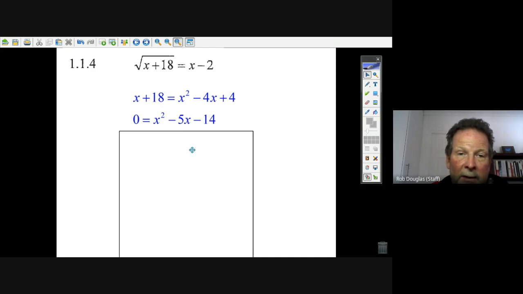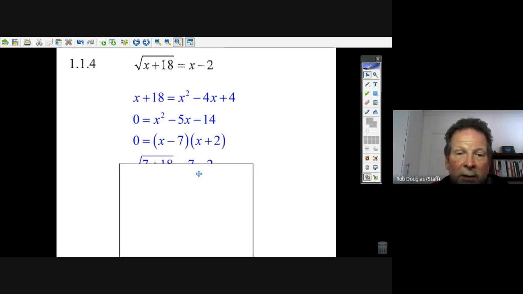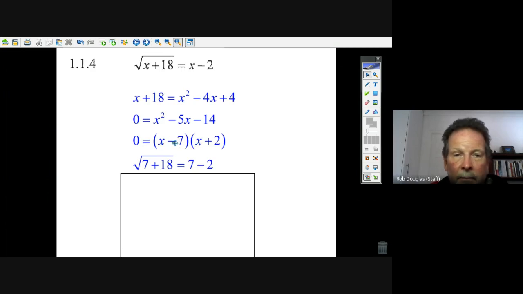Then factor this, or use the quadratic formula to get the two solutions, which are x equals 7 and x equals minus 2. So you can see minus 7 times 2 is minus 14, minus 7x plus 2x. When we do FOIL on this, it works. You could use the quadratic formula and get x equals the opposite of this, plus 7 and minus 2.